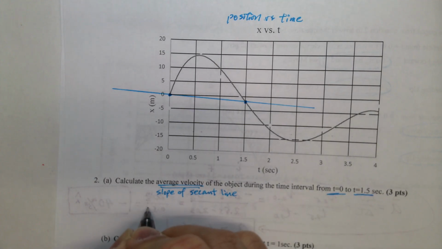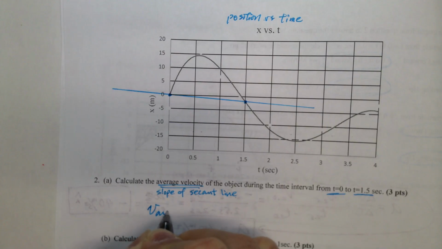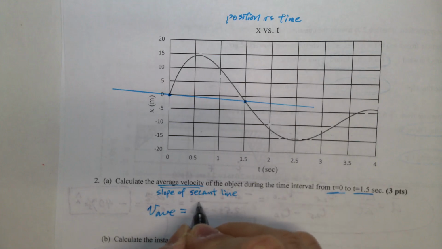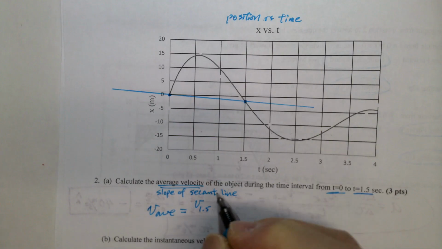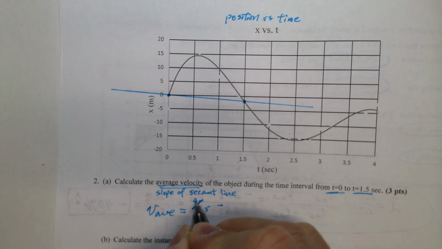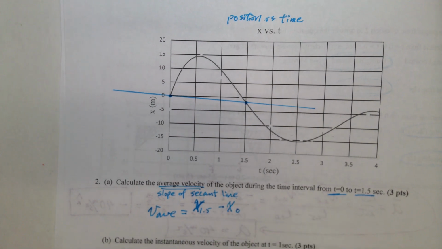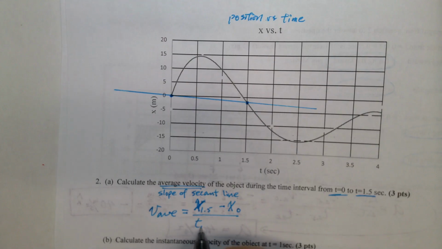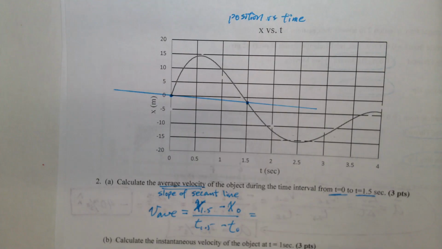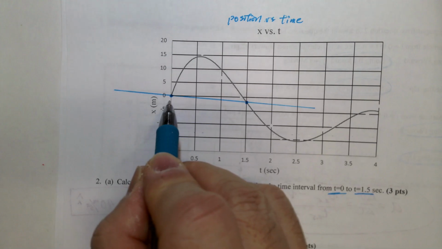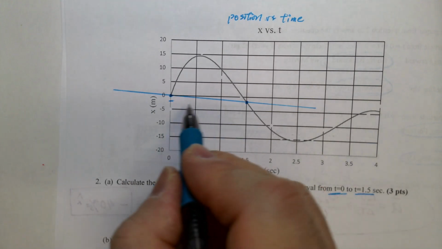Then you do V average is equal to, right, X at 1.5 minus X at 0 seconds over T at 1.5 minus T at 0. So this one looks like, I don't know, -2, right? That looks like -2.